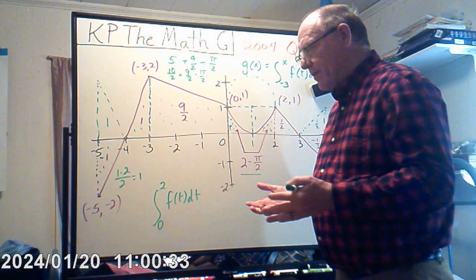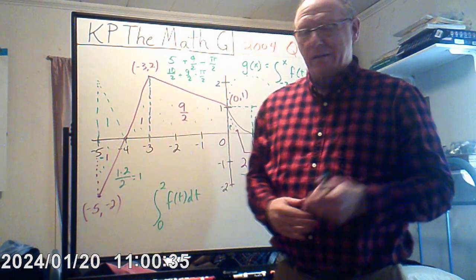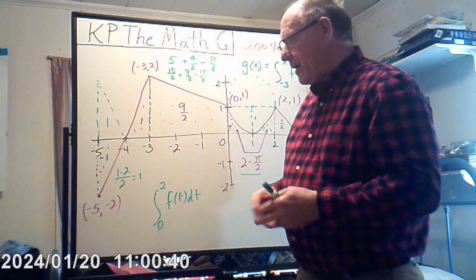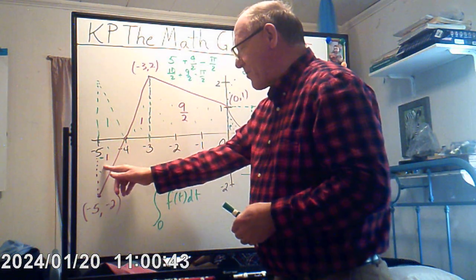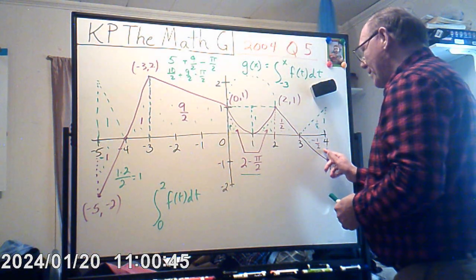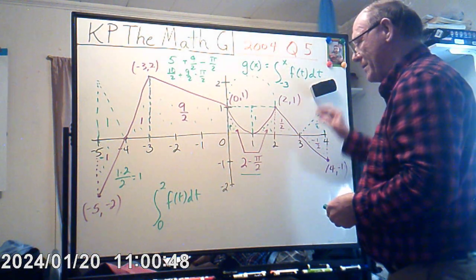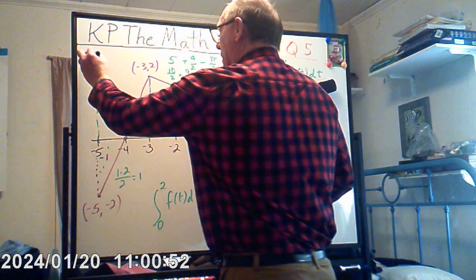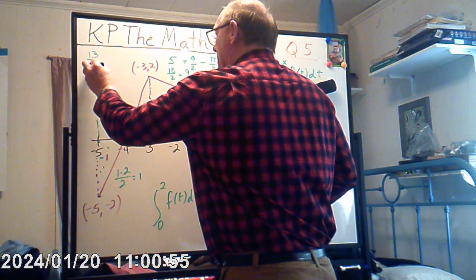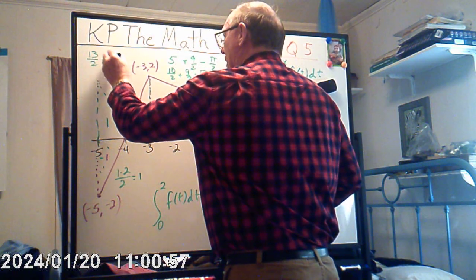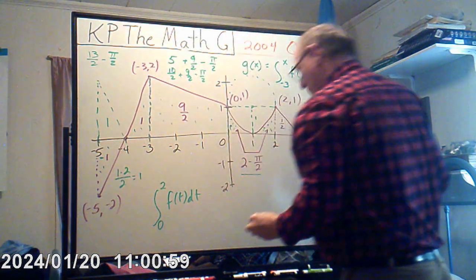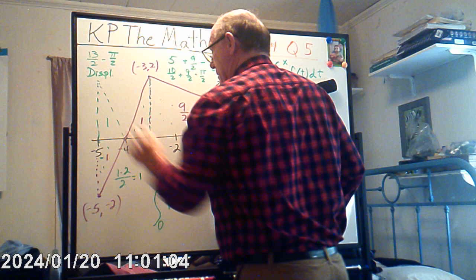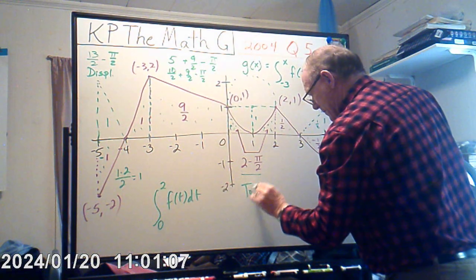Total area, though, total amount, total distance, is going to be the absolute value of all of this. I add it all up. I think on the first one we had 13 over 2 minus pi over 2, and that's the displacement. And this is the total.